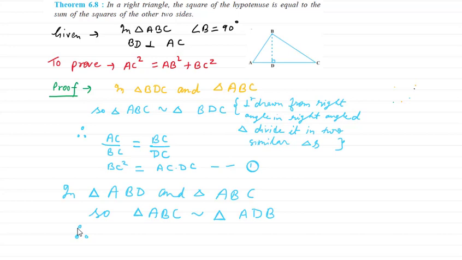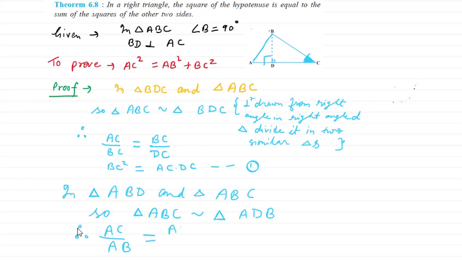Now again first I will take the 90 degrees. So opposite to 90 degrees in the bigger triangle we have AC, but in the smaller triangle what do we have? In the smaller triangle opposite to 90 degrees, which side do we have? This side AB. So I will write AC divided by AB equals to, now in the bigger triangle this angle C, opposite to C, which side do we have?